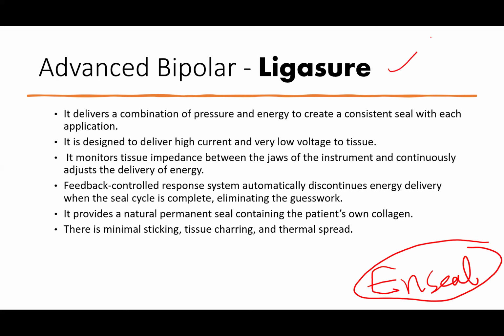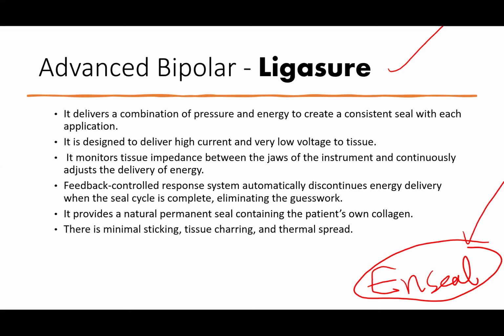This is produced by Covidien, while this is produced by Johnson & Johnson, but they are both bipolar instruments. The LigaSure delivers a combination of pressure and energy to create a consistent seal with each application. It is designed to deliver high current and very low voltage to tissue. High current, low voltage.